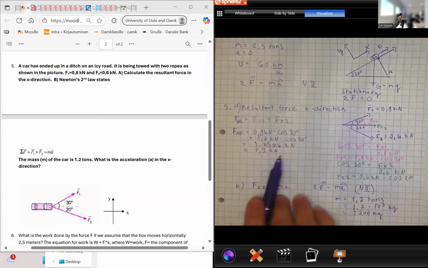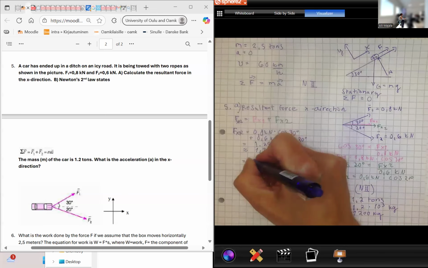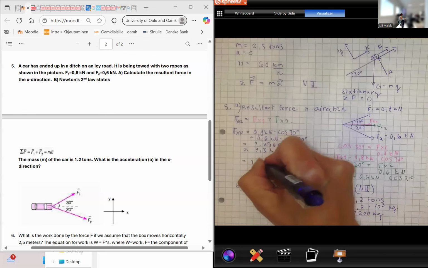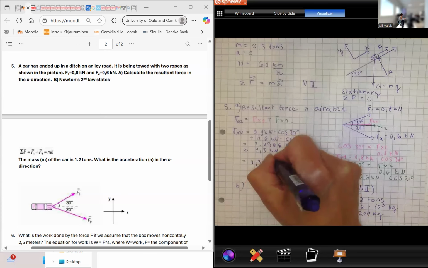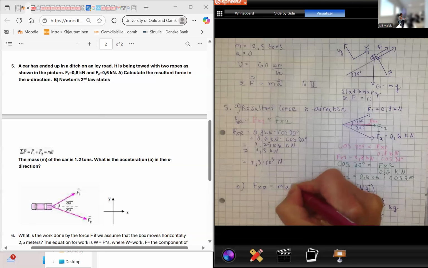And here, a newton is an SI unit as well, which would be 1.3 times newton, because you have to have everything in SI units to get the result in SI units, yeah? So now we want to solve the acceleration here.